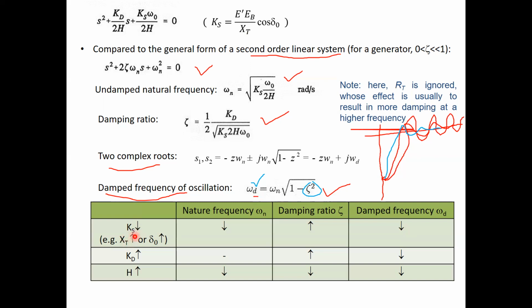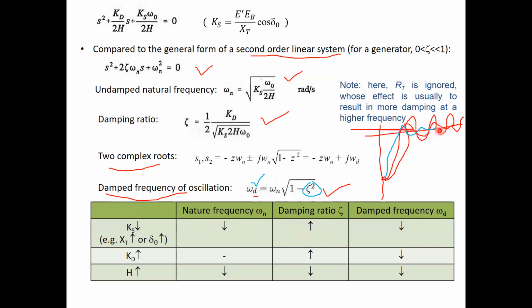So if you have a highly inductive line, mostly for long transmission lines, the natural frequency reduces but the damping ratio is better. I said that with a more inductive line, the stability in terms of rotor angle variation will be more, because a higher damping ratio gives a much more damped response.